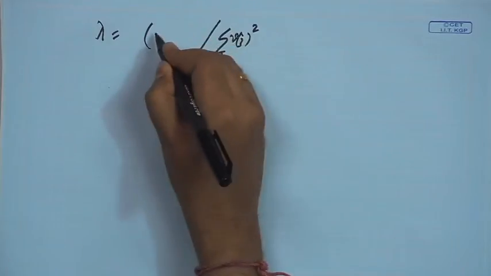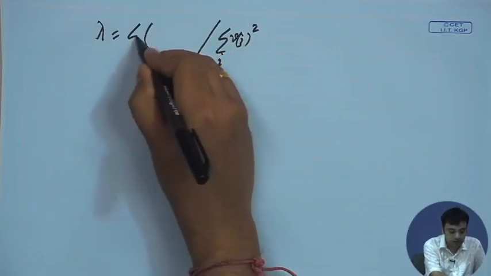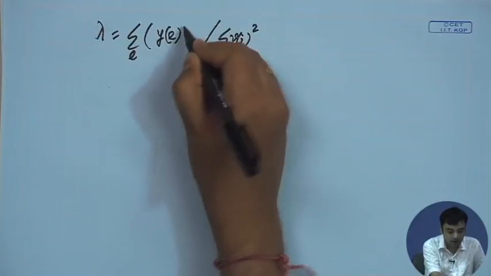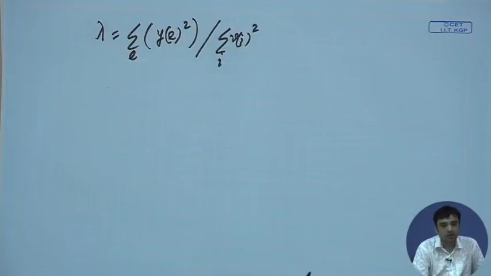So, V transpose V is nothing but you are taking each entry of V multiplying it with V transpose's entry, that will give you Vi square for each node i, whereas the numerator is nothing but the sum over all edges of ye whole square, because you are now looking at the incidence matrix.